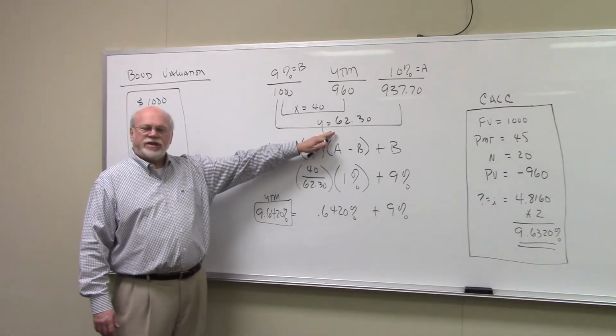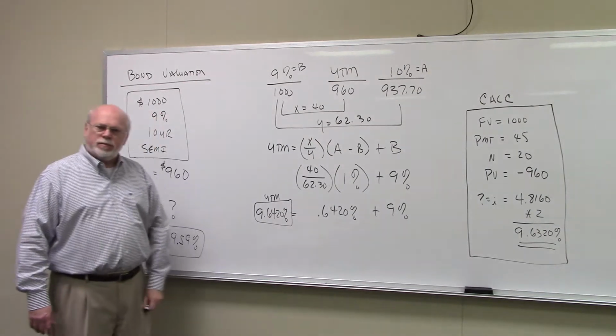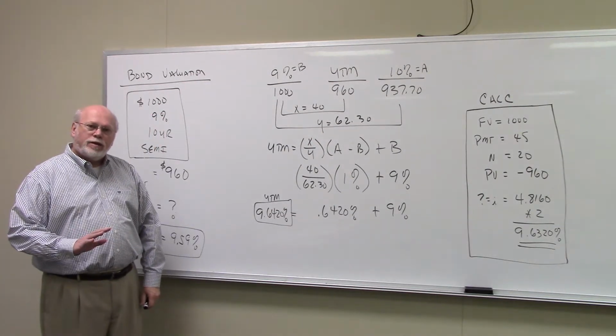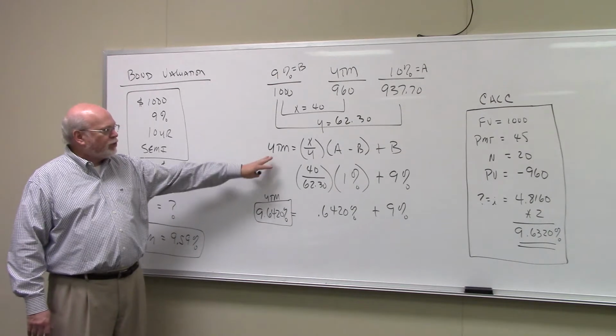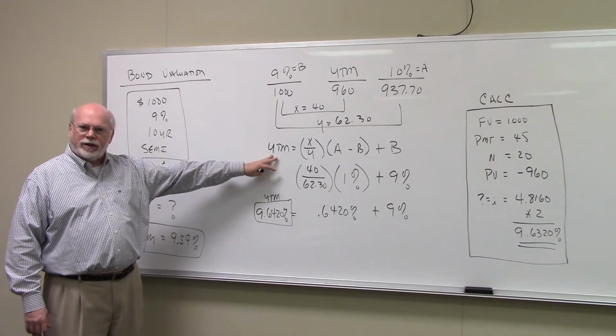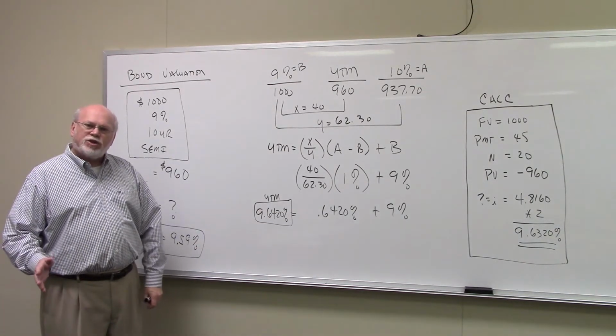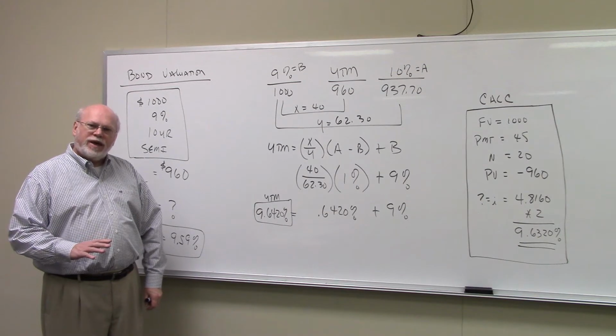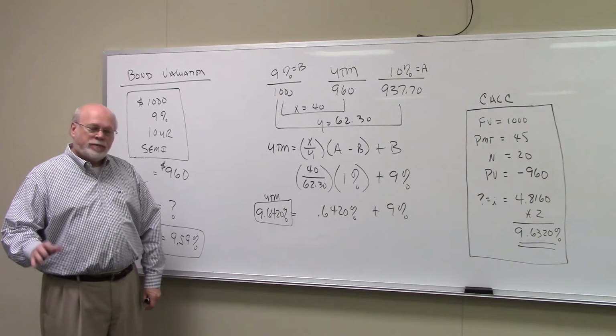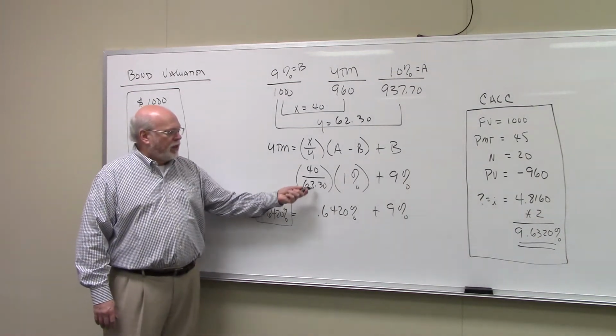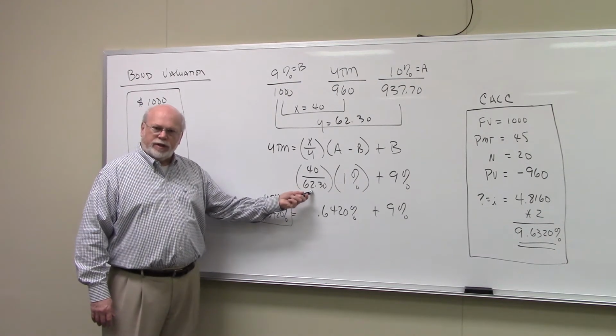937.70 is $62.30. When you interpolate whatever it is you're looking for, in this case the yield to maturity on the bond, it's going to be equal to X over Y times A minus B, plus B. X is 40, Y is 62.30.